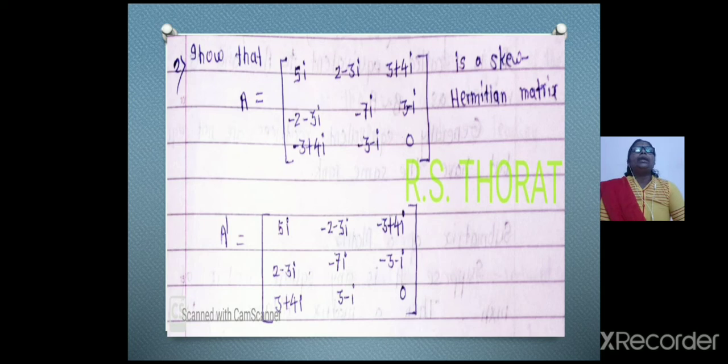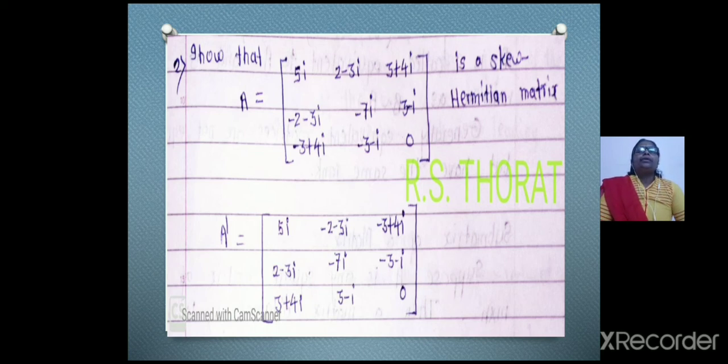For example, A12 element is 2 minus 3i, A21 element is negative complex conjugate of this. Conjugate of 2 minus 3i is 2 plus 3i, and negative of that is minus 2 minus 3i. Thus, in this square matrix A, diagonal elements are either 0 or purely imaginary numbers, and non-diagonal elements satisfy the condition Aij equal to minus Aji bar. Hence, this is a skew Hermitian matrix.